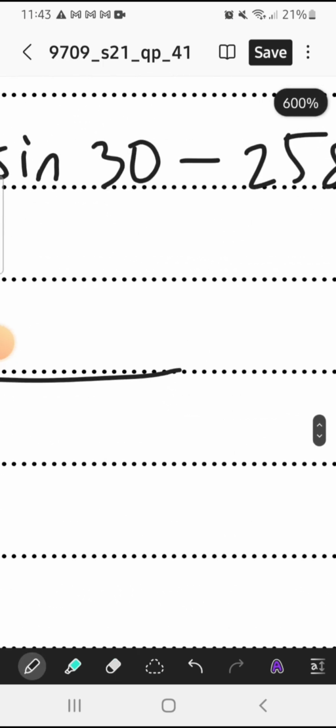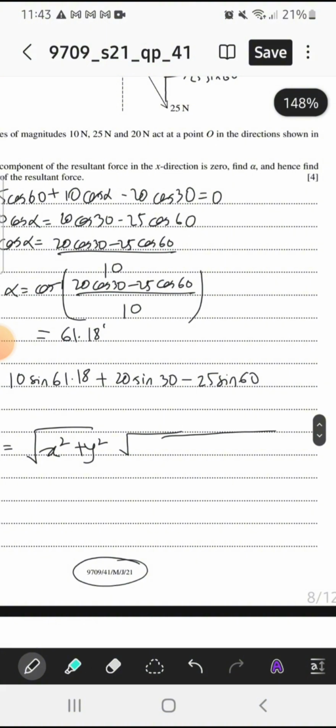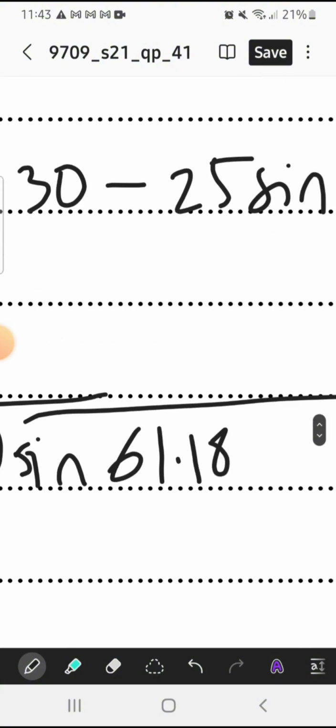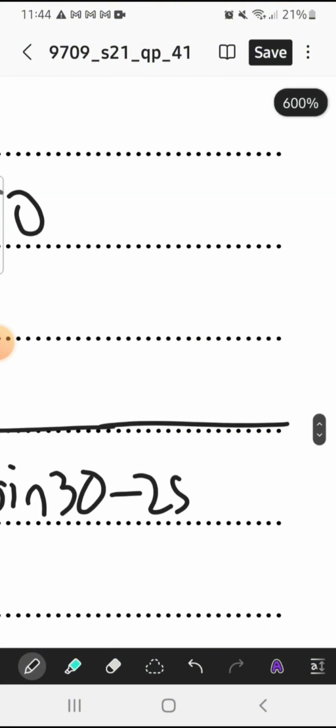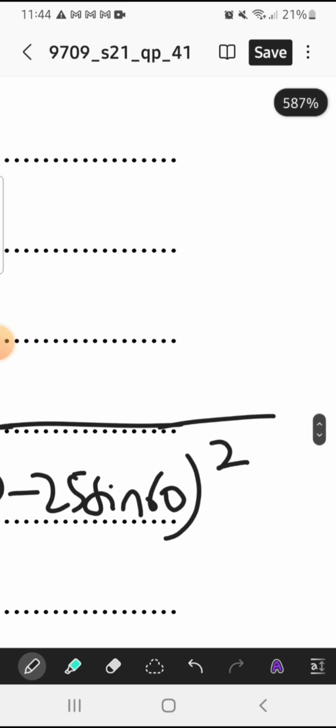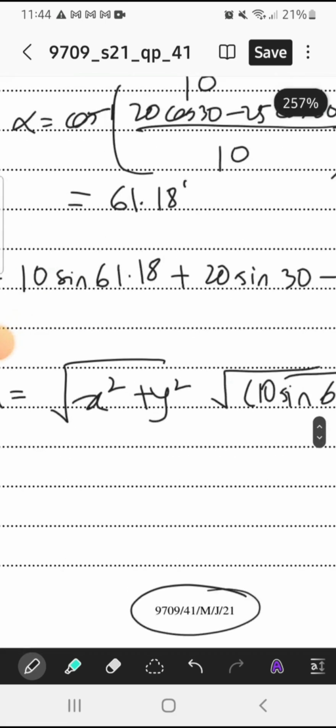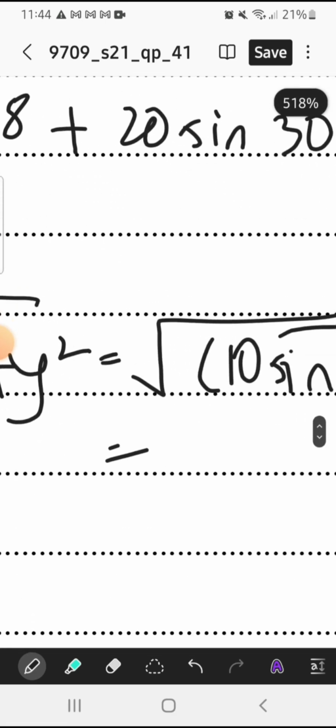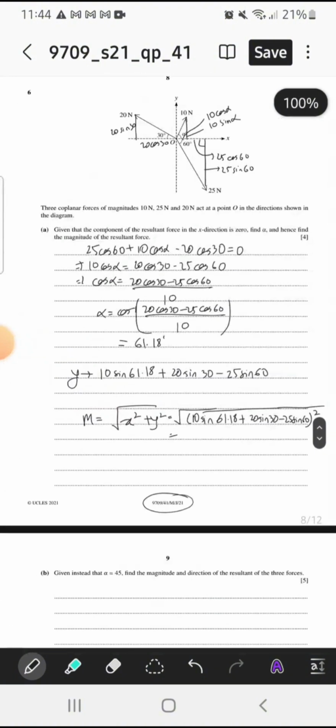So we get, as a result, a big number, whole squared. Now we can substitute this directly into the calculator and we will get an answer. Let me show you.